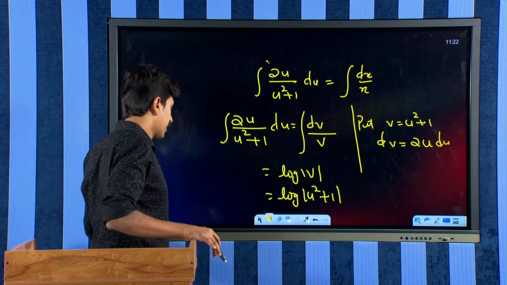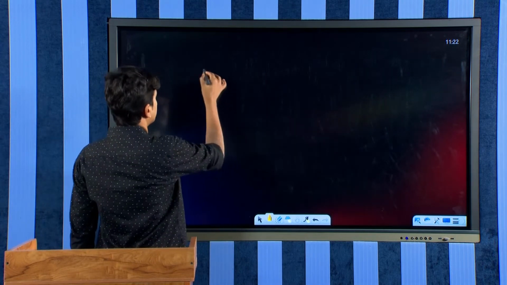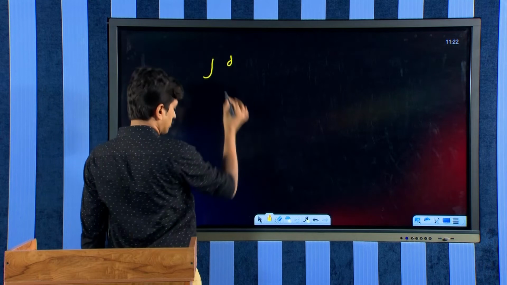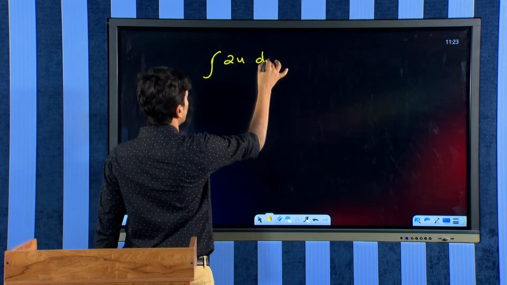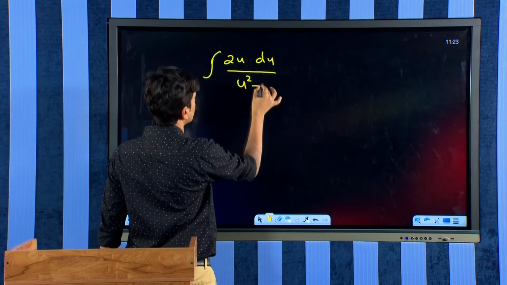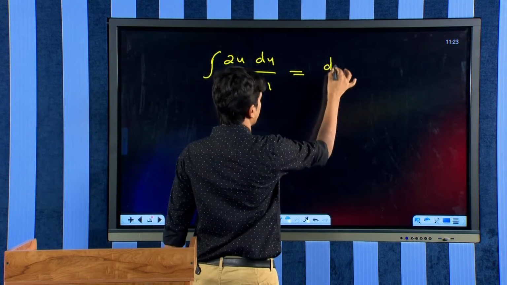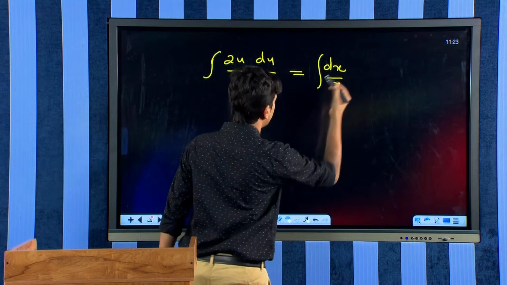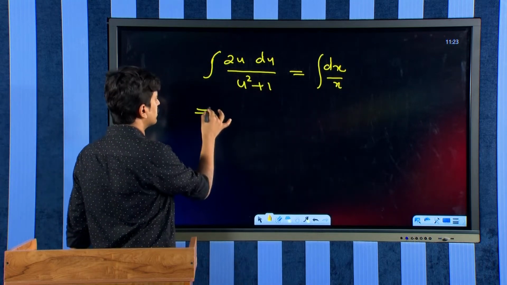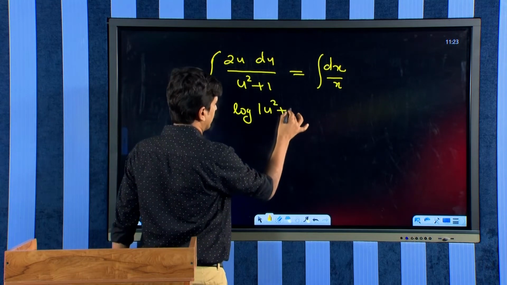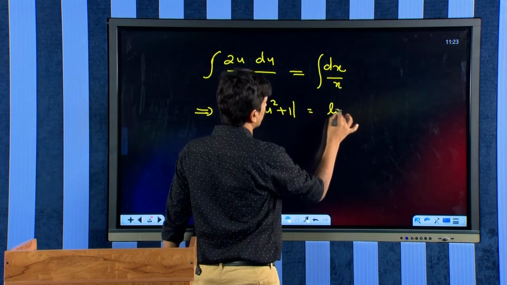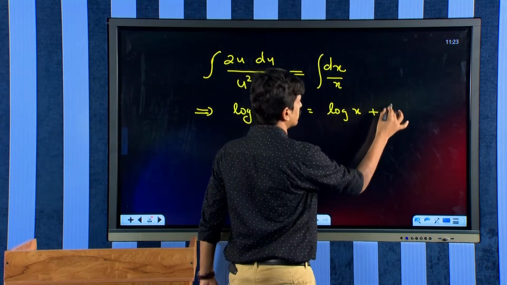Okay, fine. Therefore, the integral of 2u du divided by u square plus 1 is equal to the integral of dx by x. This implies log of u square plus 1 is equal to log x plus log c.